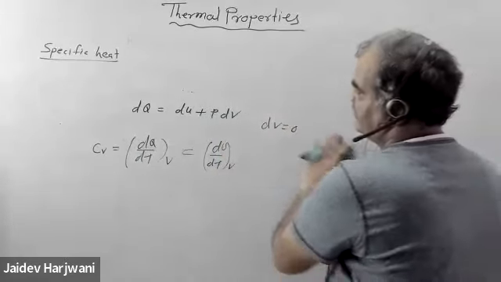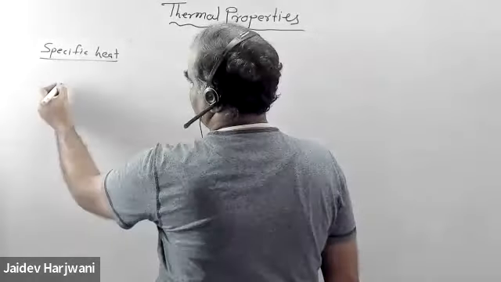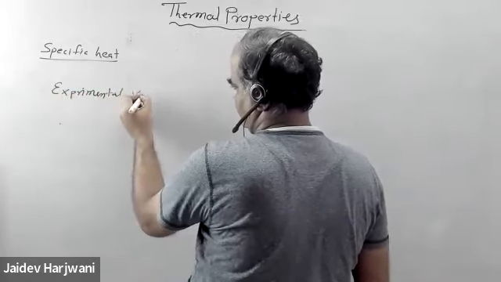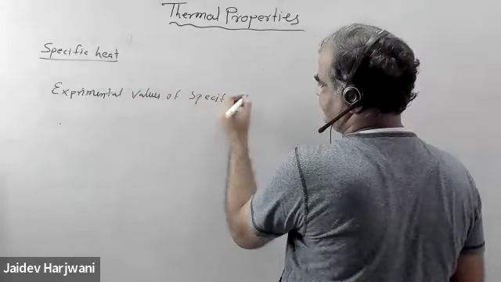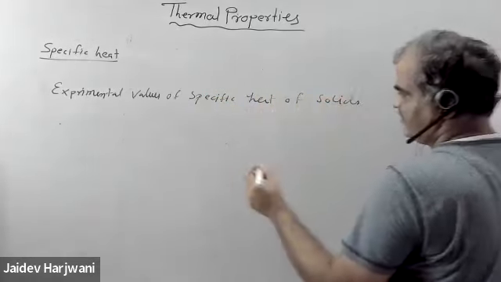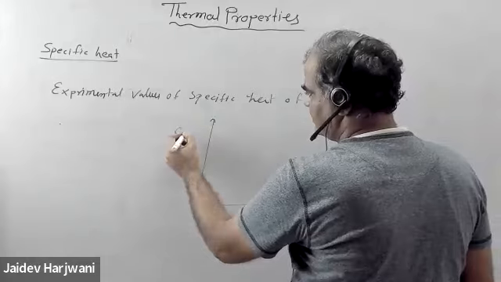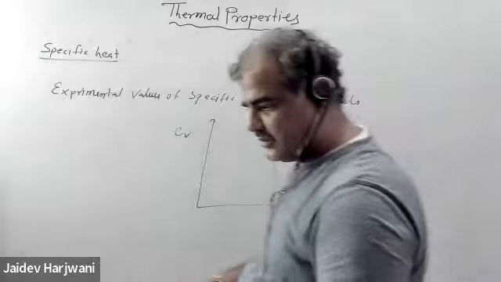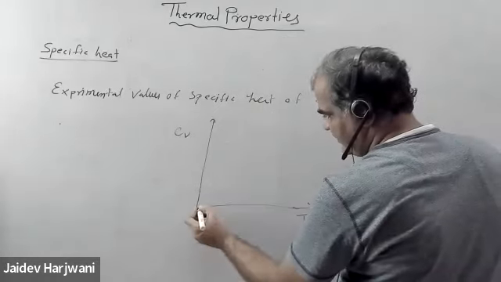If I see the experimental values of specific heat for solids, crystalline solids, if I see the experimental graph between Cv and temperature, the graph is like this.